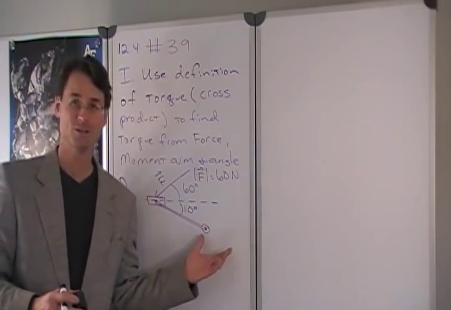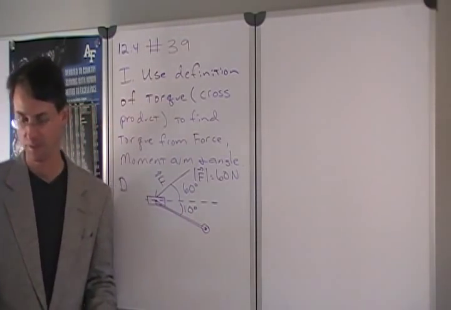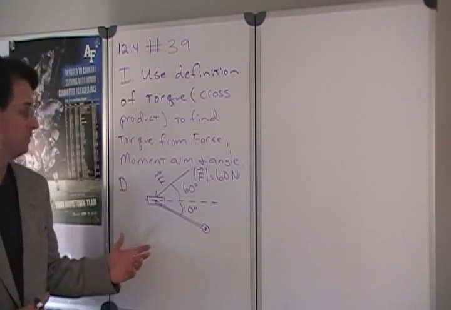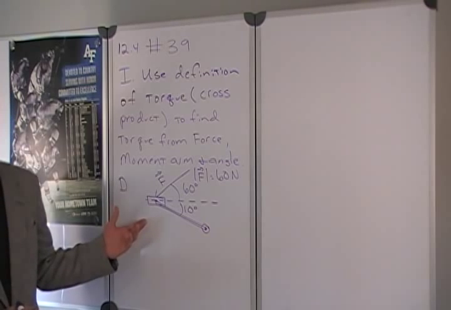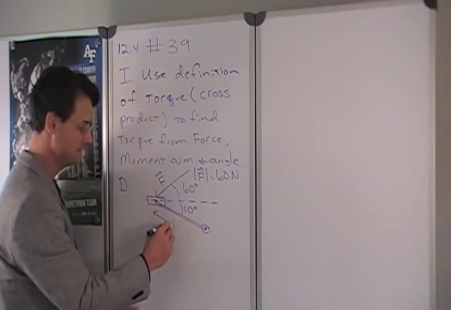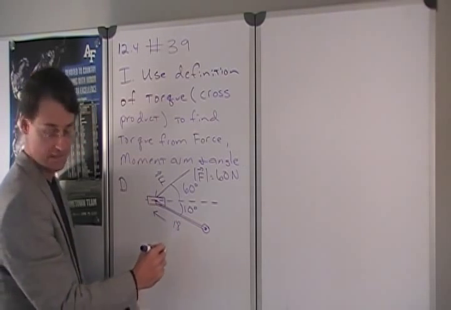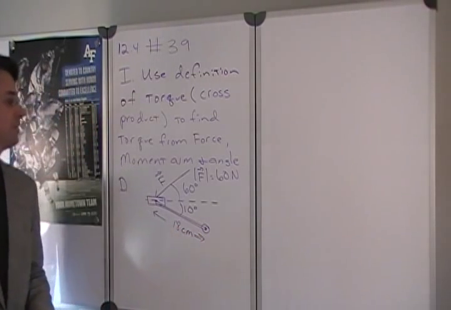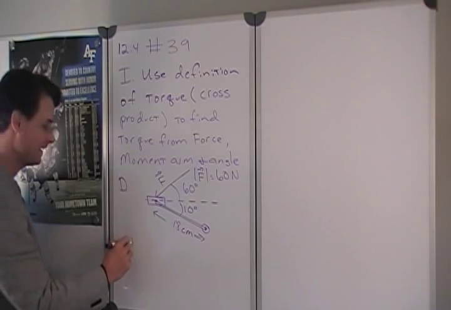So we've changed the numbers a little bit so that you can still get the benefit of solving this on your own. And let's go ahead and put the distance here. The pedal is 18 centimeters long.